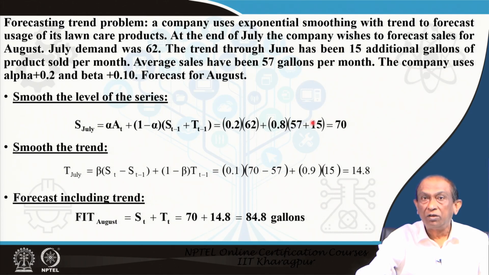So, 15. So, this is 70. So, this is the first step, smoothed value of the level at the end of July.